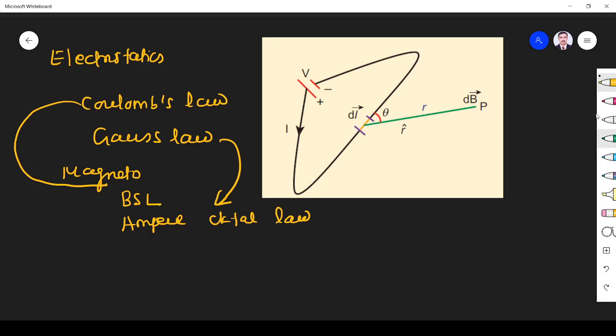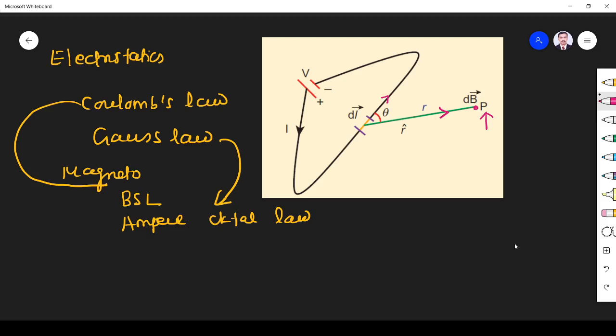This is a field point P, the point where we are going to find the magnetic field. The angle between the conductor and the line connecting the field point is theta. R cap is the unit vector going along the line connecting the conductor and the field point. These things we must know.